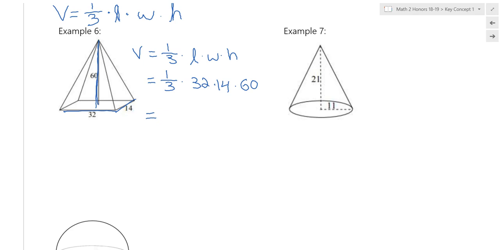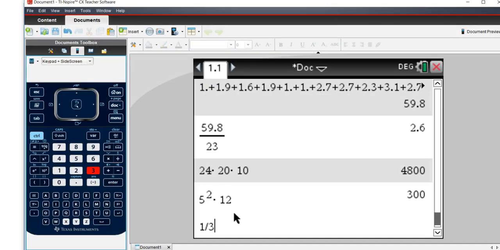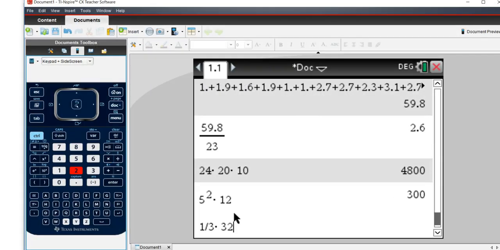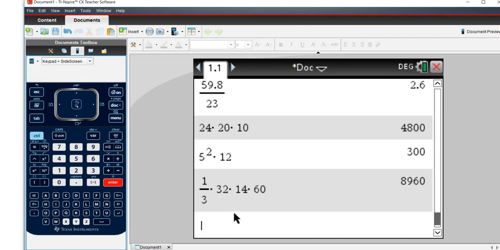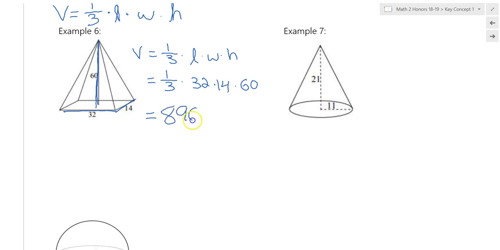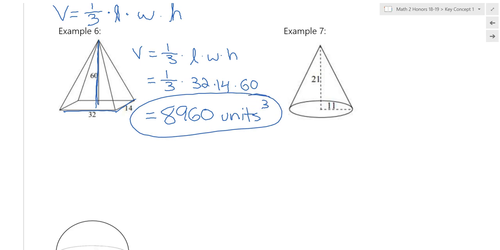Now again, I can just type all of these in my calculator. 1 divided by 3 times, I don't remember the numbers, 32 times 14 times 60. And I get 8,960. Right? And this doesn't have units, so we'll say units cubed, whatever that unit may be.